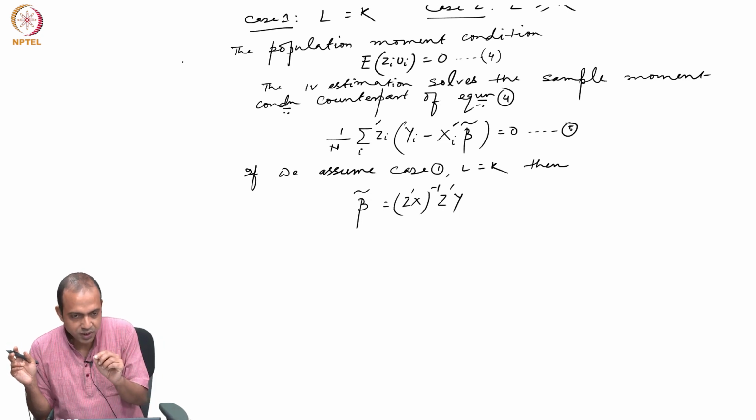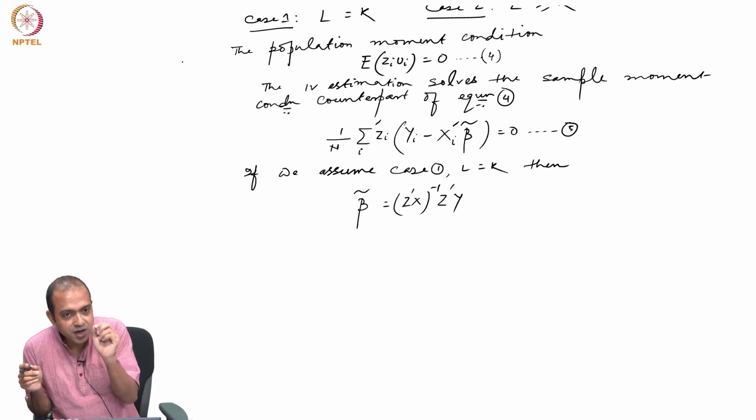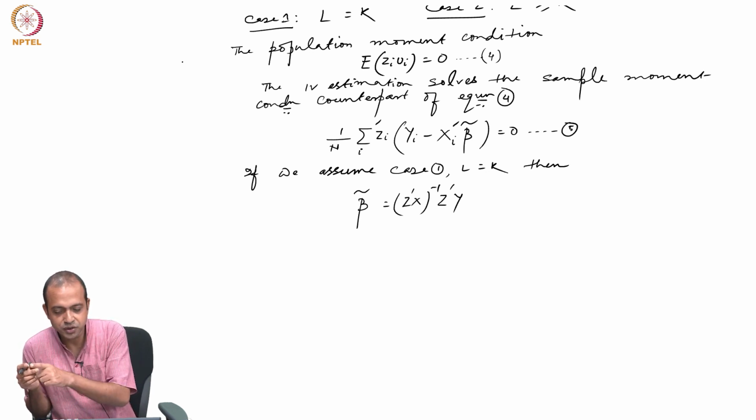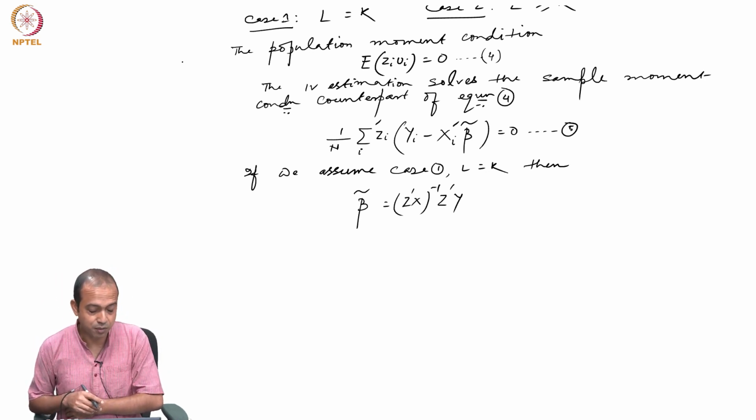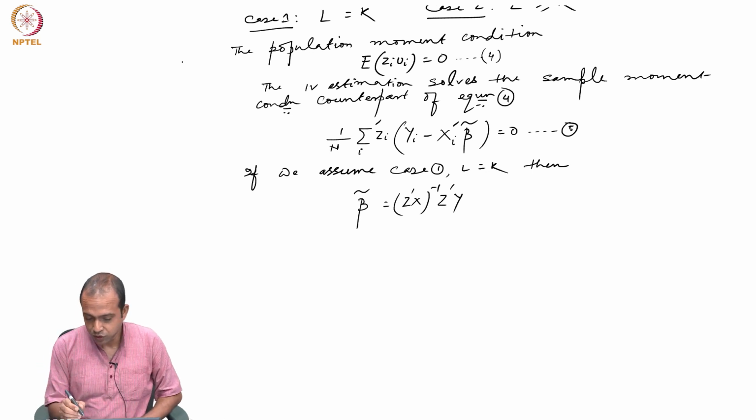So in case of an exactly identified system, my method of moment estimation in presence of endogeneity, that means my IV estimates, we can derive by using the sample moment condition, which looks like beta tilde equals Z prime X inverse Z prime Y.